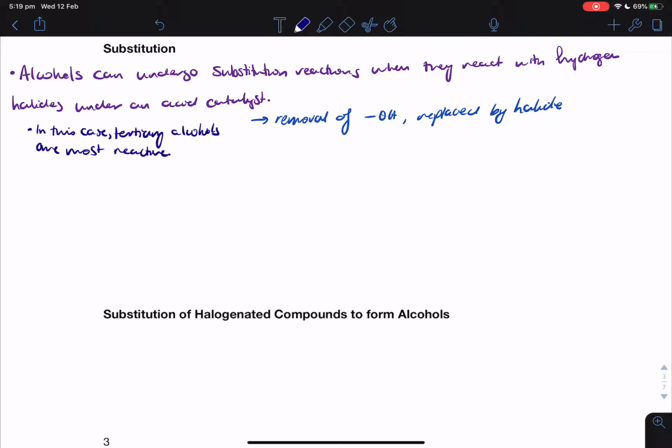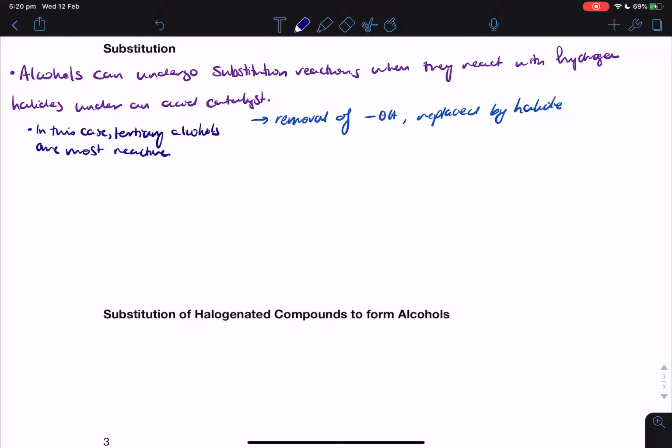Lastly, for a primary alcohol to react with a hydrogen halide, it will actually take more than 6 to 7 minutes, okay? This is a lot longer than the less than 1 minute with a tertiary alcohol, so we can see that what we've been saying before, that tertiary alcohols are more reactive in non-oxidation reactions, is true, okay? You're going to do some of these experiments at school, and you're going to be able to see this firsthand, which is really useful when you're trying to understand everything, okay?